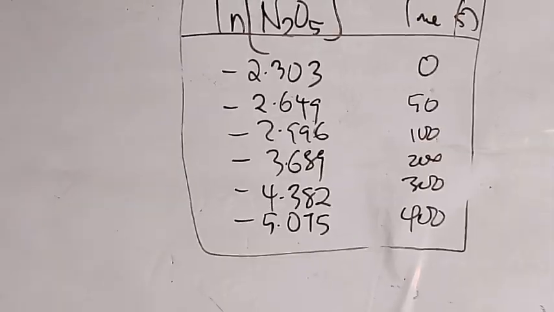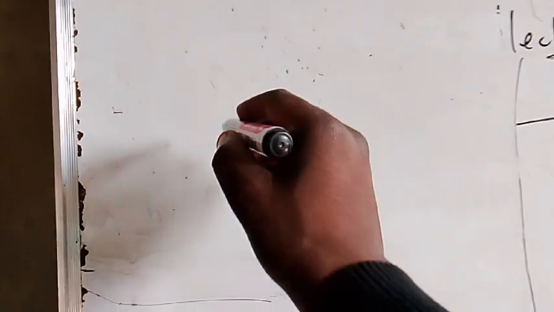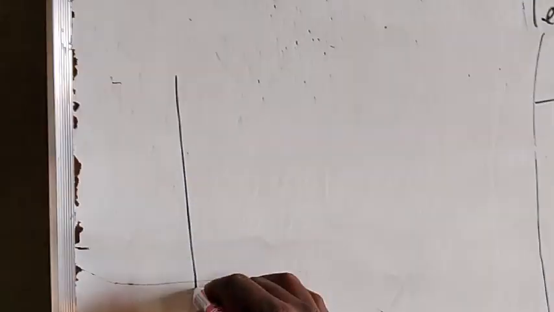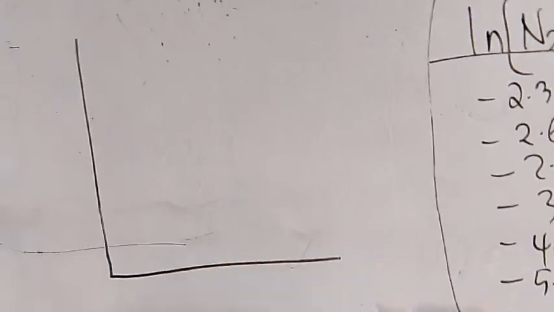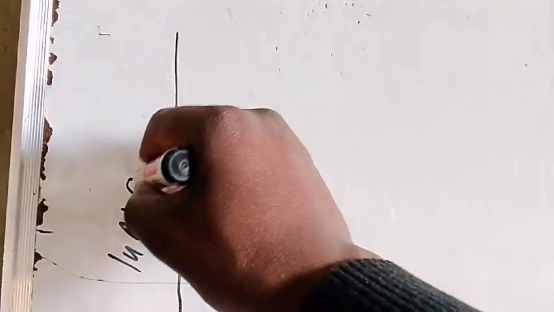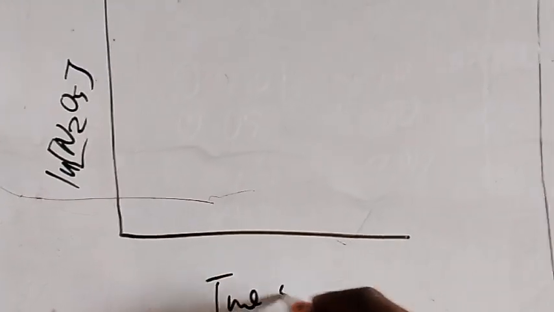Okay, so we can use this space here. Okay, so we plot these values. On the graph you are going to draw a graph of a suitable scale. Here on the y-axis you have ln N2O5, so on the y-axis is the concentration, then on the x-axis is time.